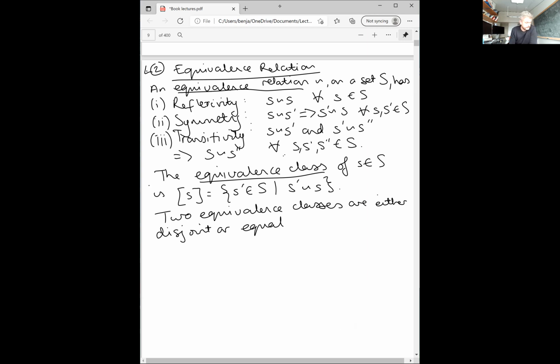So we're going to prove this now. So we take 2 elements of the set, s and s tilde in the set. Either they have no elements in common, so their intersection is the empty set.